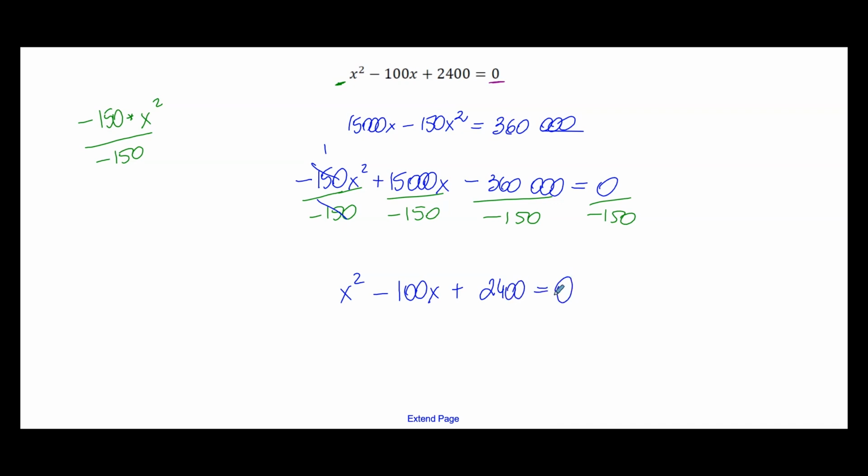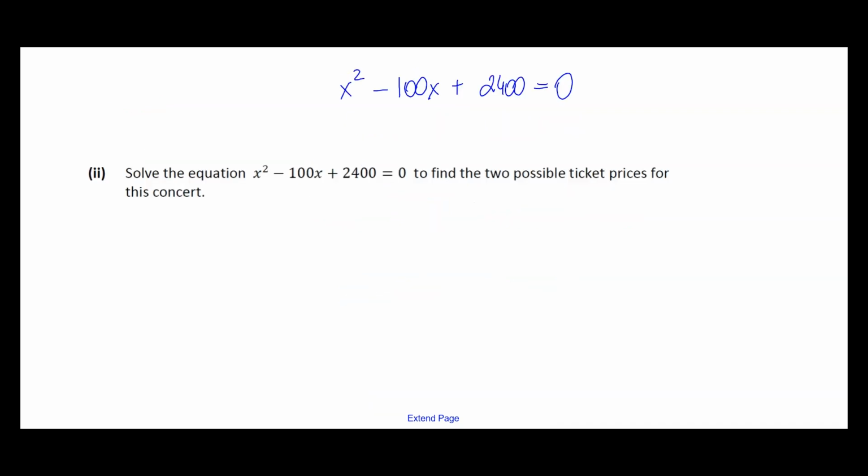So indeed, we got what they were looking for. But always remember, when they are telling you show or find, basically when they are giving you an answer, always compare what you have with what they have and spot the difference.